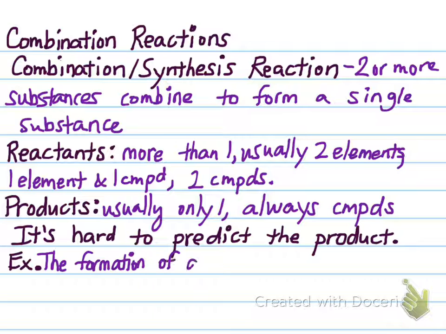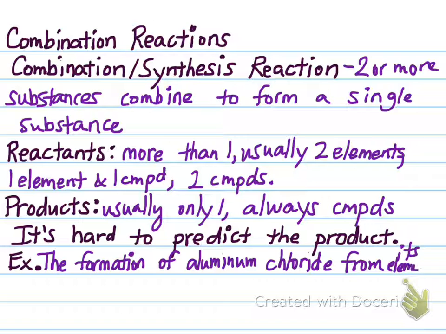So our example, okay, our sentence is the formation of aluminum chloride from its elements. Now again, this is a sentence, and remember our steps that we follow to write and balance a chemical equation, which is what we're going to try to do here.